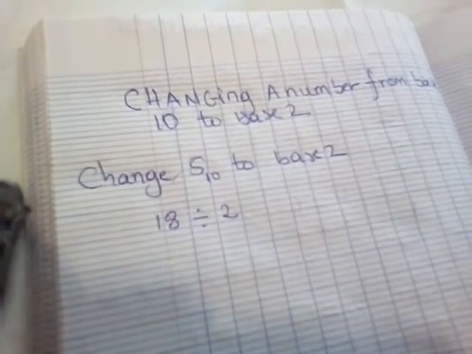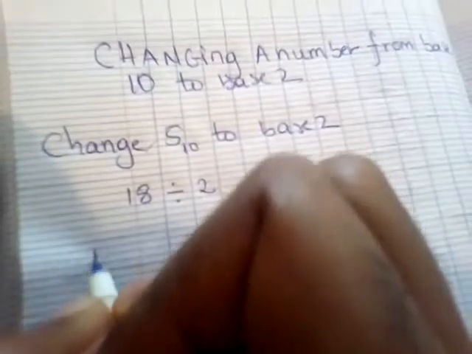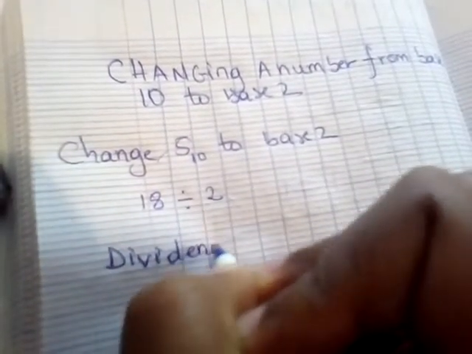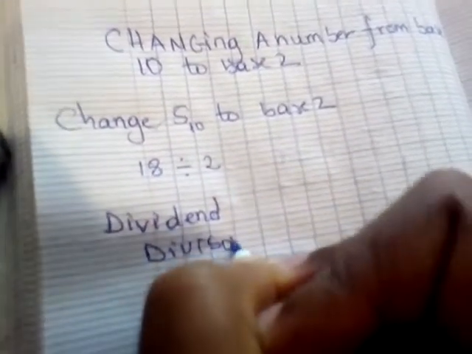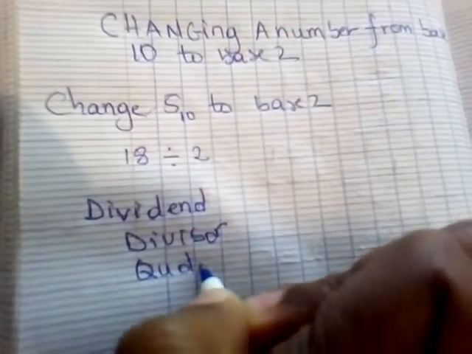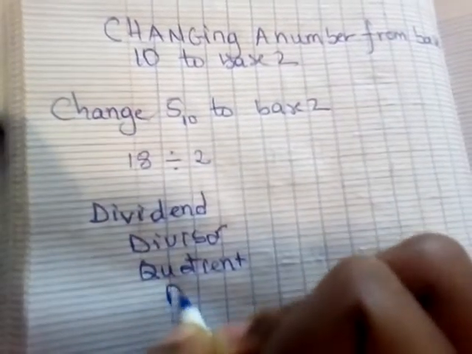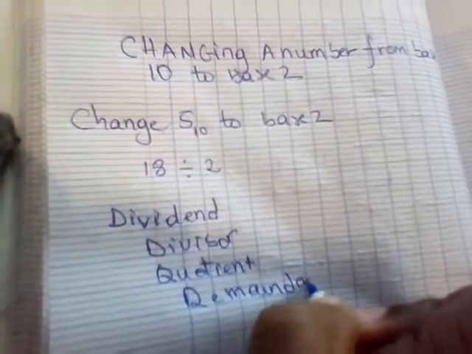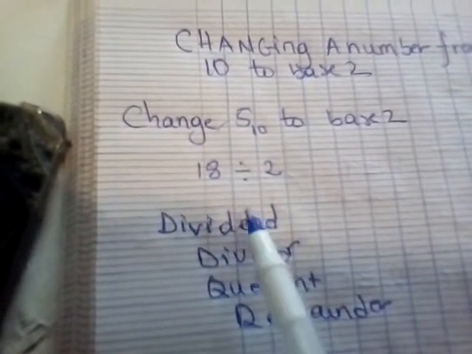You first of all need to understand that in division we have what we call a dividend, a divisor, a quotient, and sometimes a remainder. So basically, you need to know which one is which when you are dividing two things.